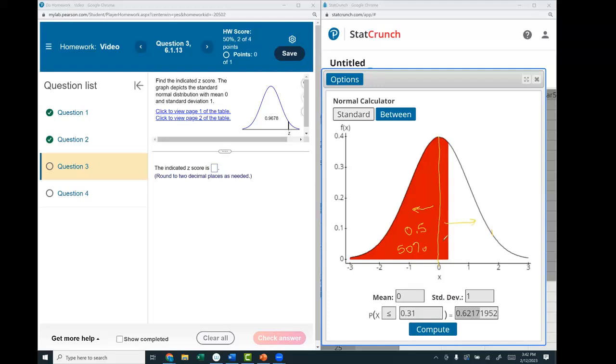And to this side, it's also 0.5 or 50%. I know you can't read that. But notice if I add them together, 0.5 plus 0.5, I get 1, which is my probability. Probability is always between 0 and 1. So if I look at the entire graph, then it is 1. Half of it is below 0, half of it is above 0.